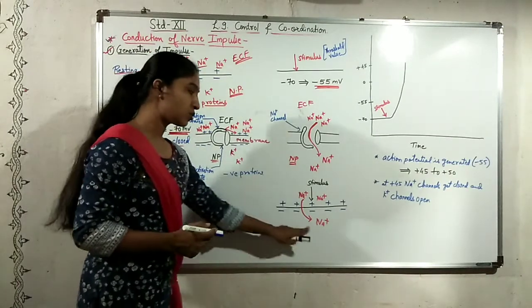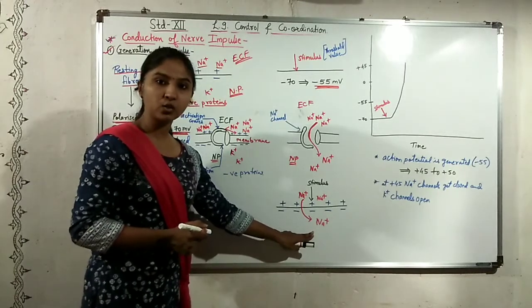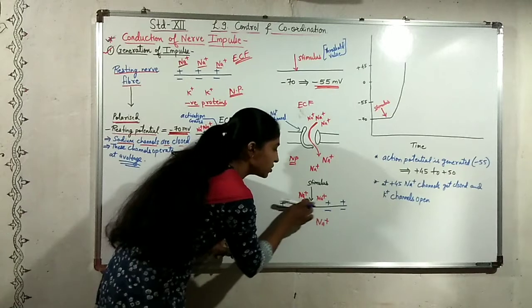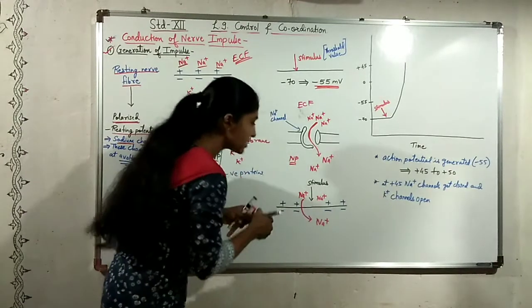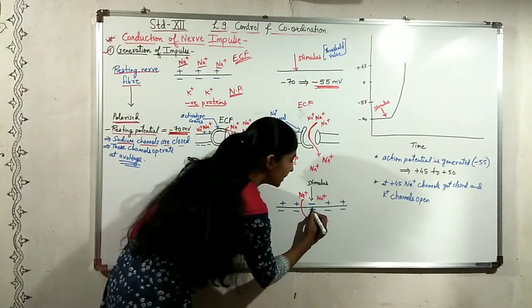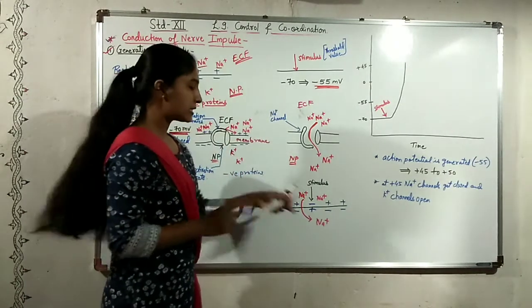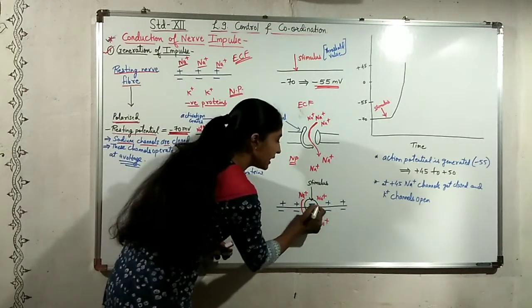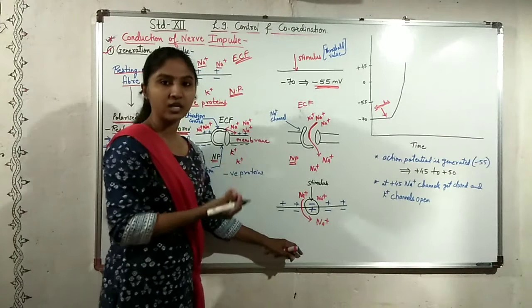But after the sodium ions enter inside the neuroplasm, what happens? These charges change. The outer side becomes electronegative and the inner side becomes electropositive. This is said to be the generation of impulse. Here we say that the impulse has been generated.